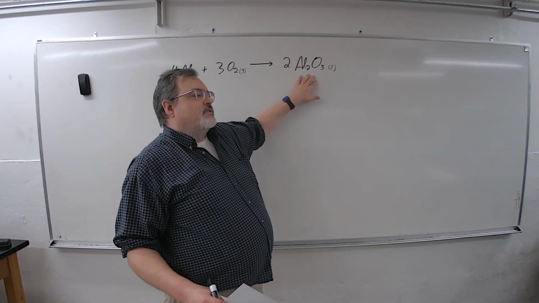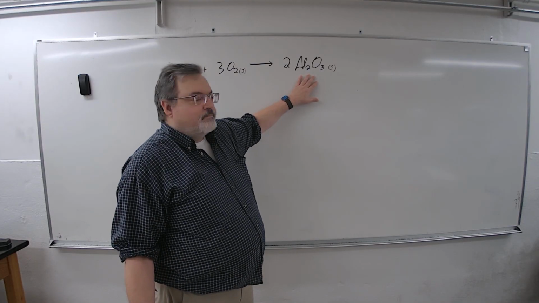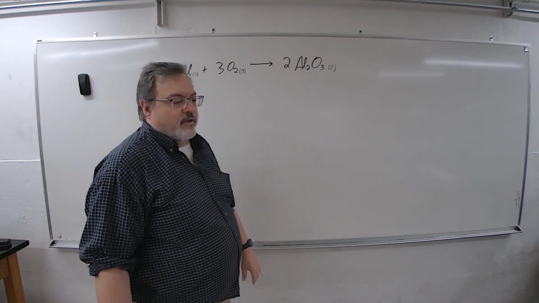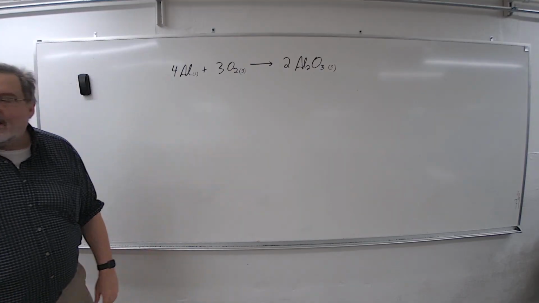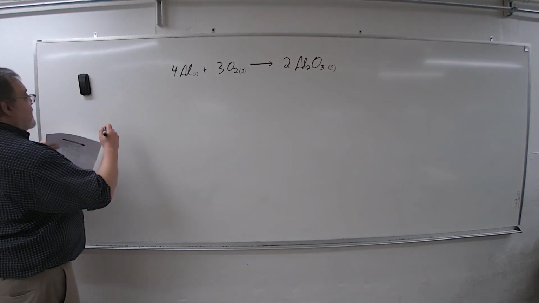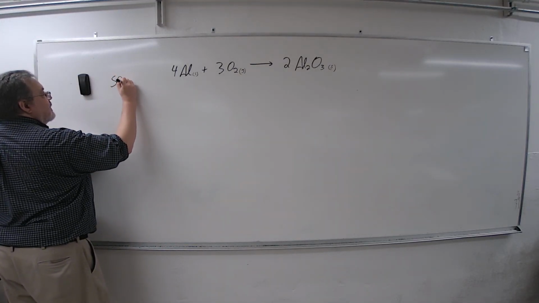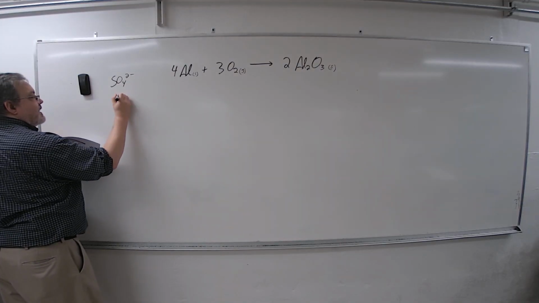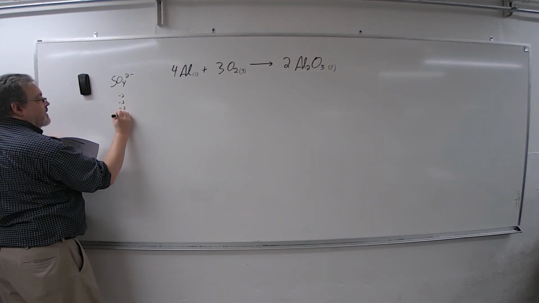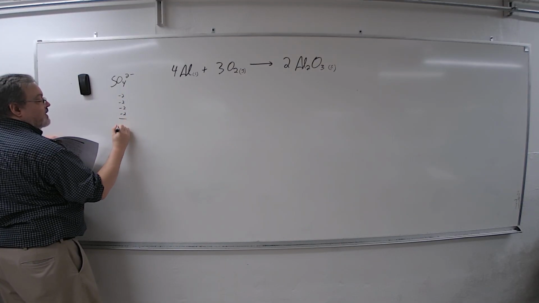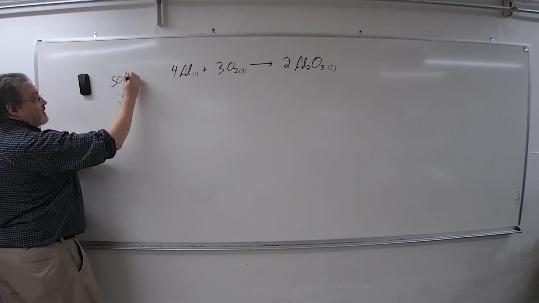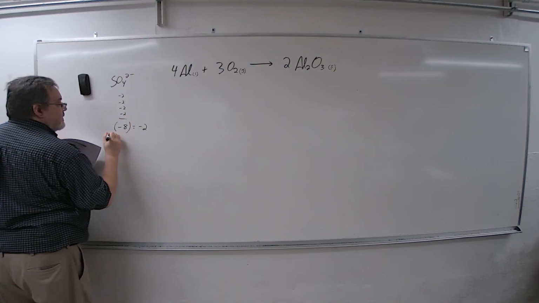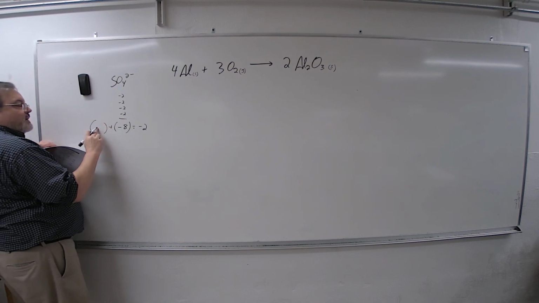The rules there were like, if you have elemental, like this, I should probably have solid there, and this would be a gas. Elemental means it's all made up of just one atom. In that case, the oxidation state is 0.